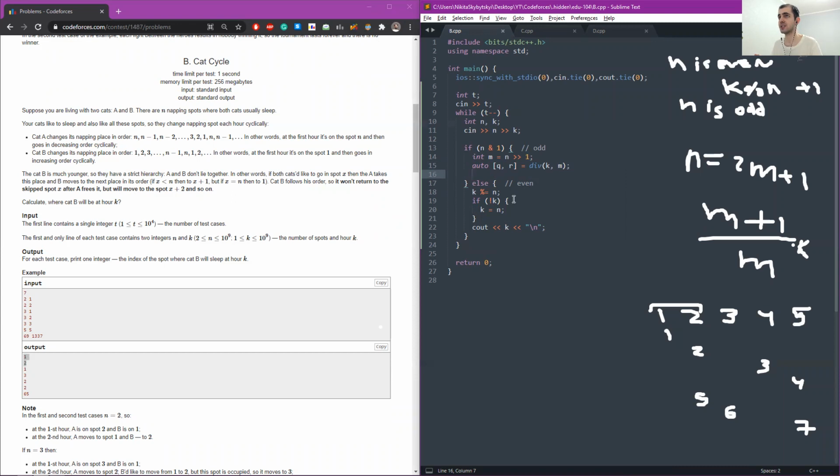The quotient is how many full cycles of that m we experienced. And apparently k should get q times m plus 1. I'm thinking plus r, right?